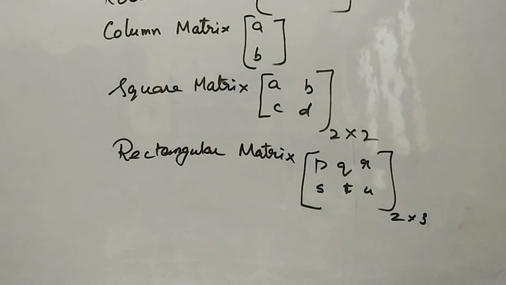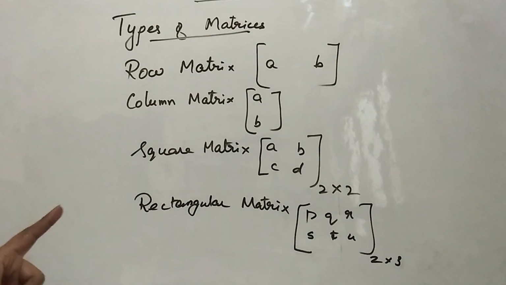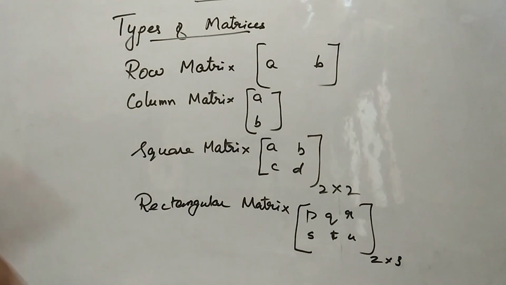So number of rows not equal to number of columns. That is a rectangular matrix. Row matrix, only one row will be there. Column matrix, only one column will be there. Square matrix, number of rows equal to number of columns. Rectangular matrix, number of rows not equal to number of columns.